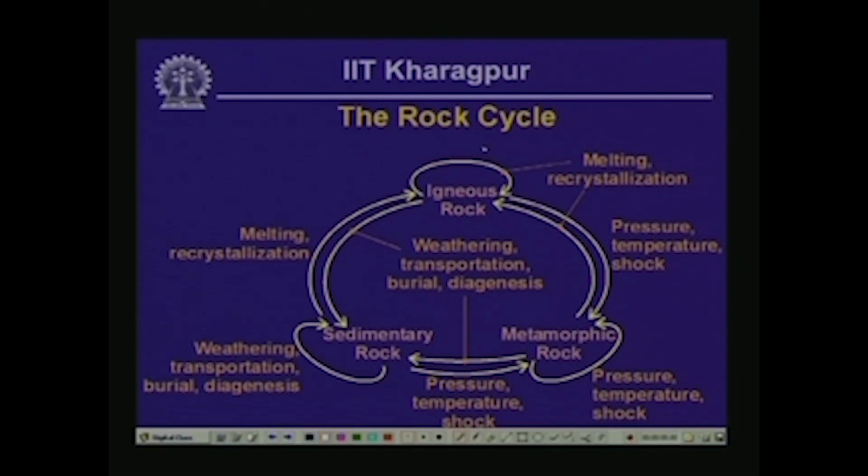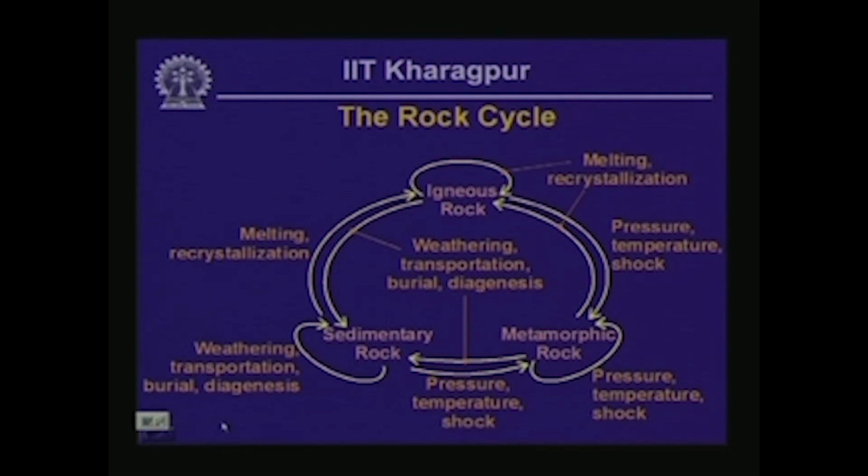So, igneous rock could melt and recrystallize, and give rise to another igneous rock. Similarly, sedimentary rock could be weathered, transported, buried, and cemented. That process would give rise to another type of sedimentary rock, whereas metamorphic rock upon the action of pressure, temperature, and shock could yield another type of metamorphic rock.